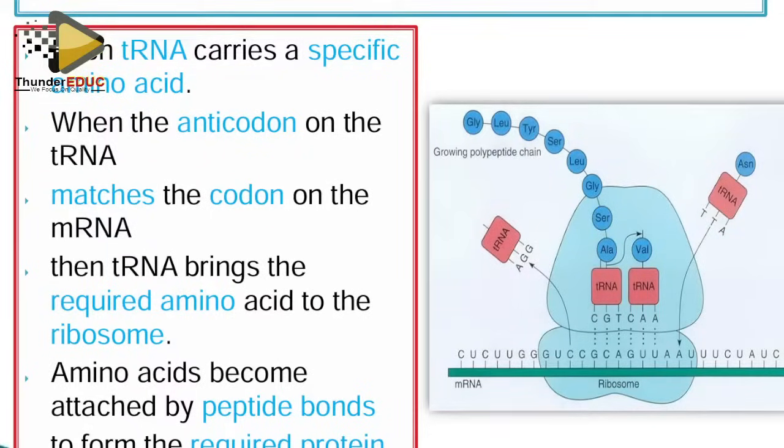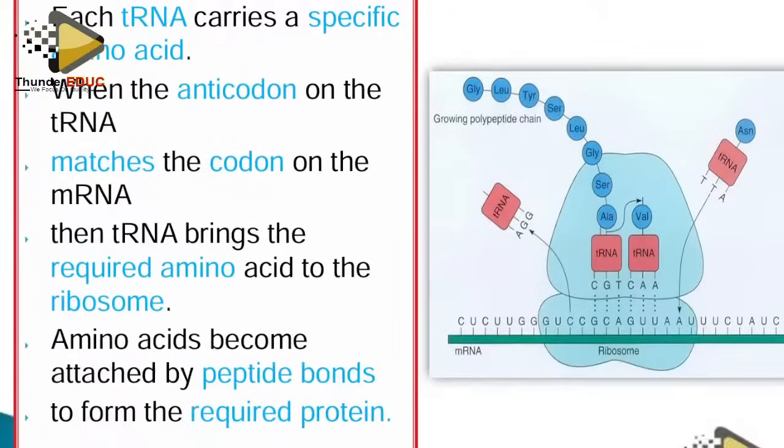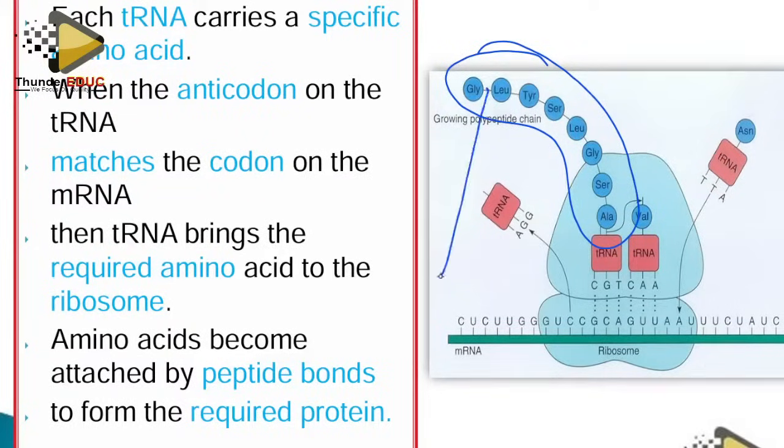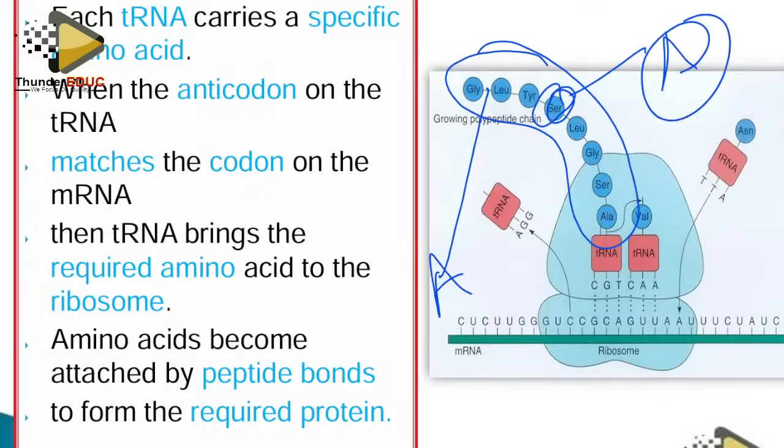All right. Now you see this, that is a polypeptide chain. You see this, that is a peptide bond. You see this, that is an amino acid.